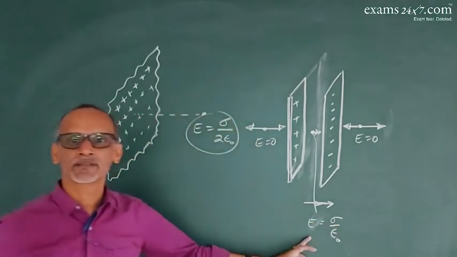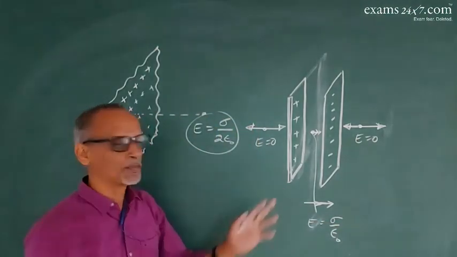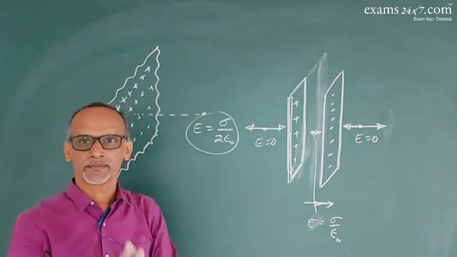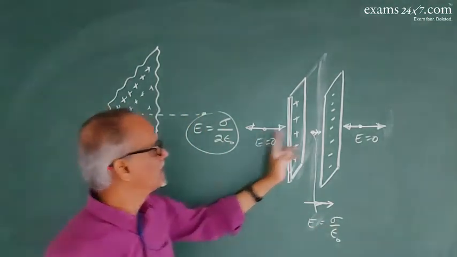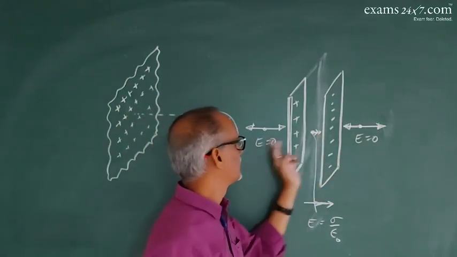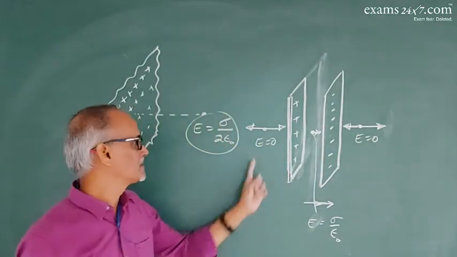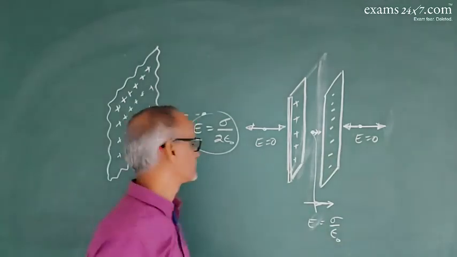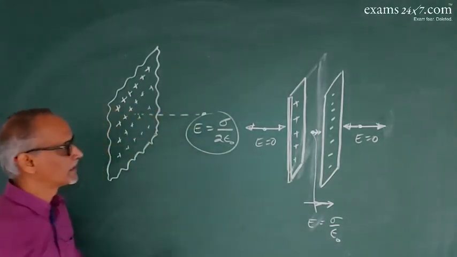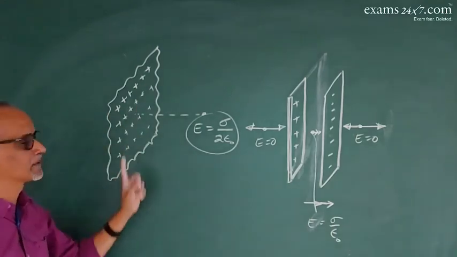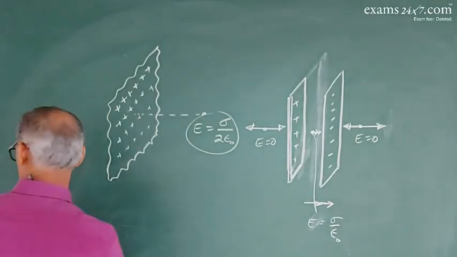Therefore, the net electric field between two oppositely charged parallel plates is sigma by epsilon naught, whereas the field outside the two is 0. So that's the application of the electric field due to an infinitely long thin charge sheet.